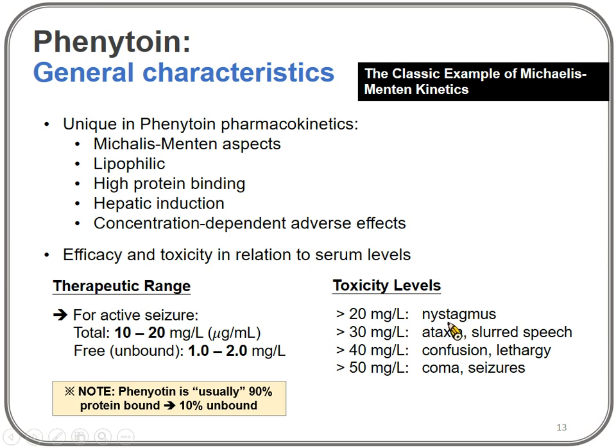And you will observe the following adverse events as the concentration goes up: from just the eyeballs showing nystagmus, or patients becoming involuntarily uncoordinated in the limbs as ataxia, or starting to have slurred speech, or getting confusion, getting lethargy, and even presenting with a coma status or with another new wave of seizure attack.